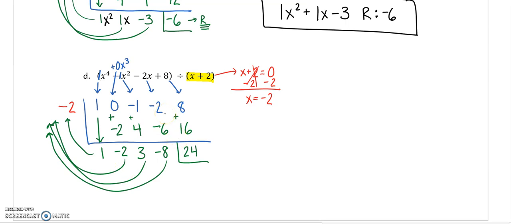Yep, looks good. So again, I'll look at the exponent in that leading term, x to the fourth, and I'll go one lower. So x to the third, x squared, x, and my number. So my final answer here is 1x to the third minus 2x squared plus 3x minus 8 with a remainder of 24.